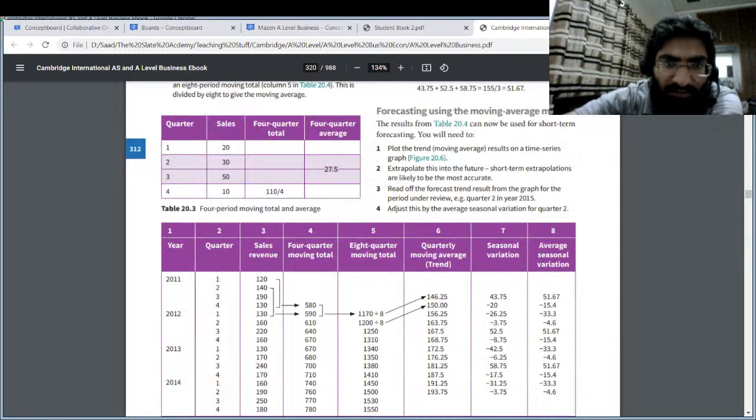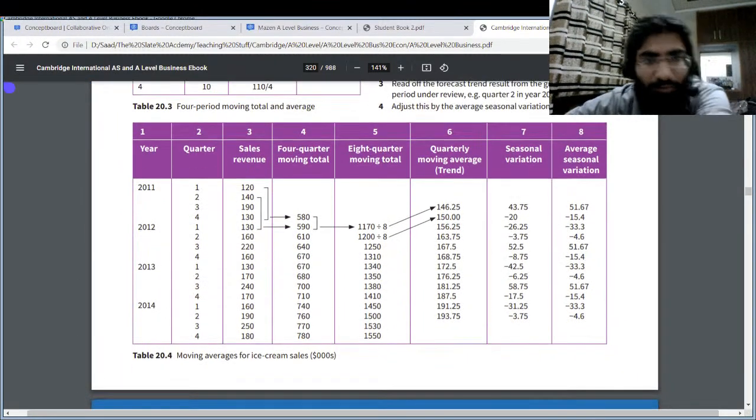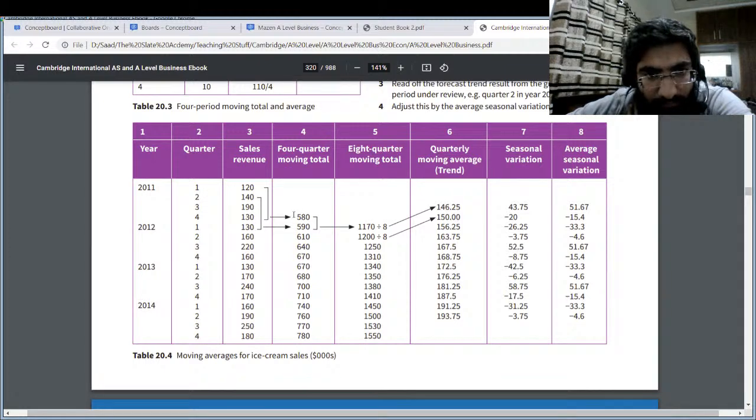So this is sales revenue given quarter to quarter for a number of years. The way you calculate the total for the first four quarters is you add quarters one, two, three, four, and you get 580. Then for the next four quarters, you skip the first quarter of the first year and instead add quarter one from year 2.